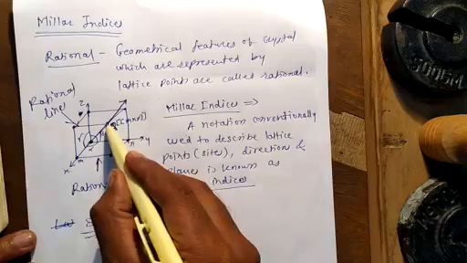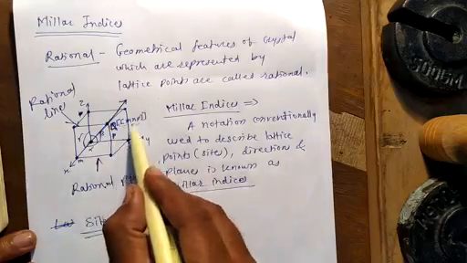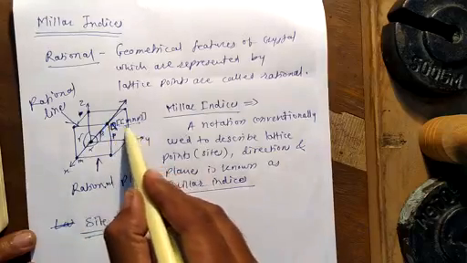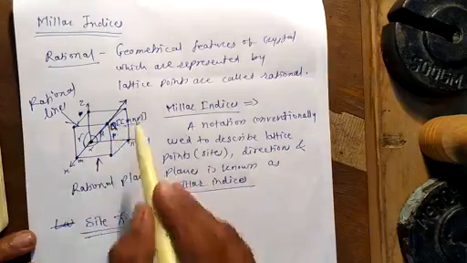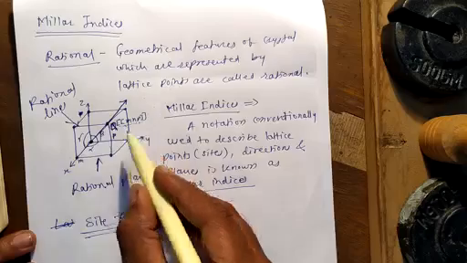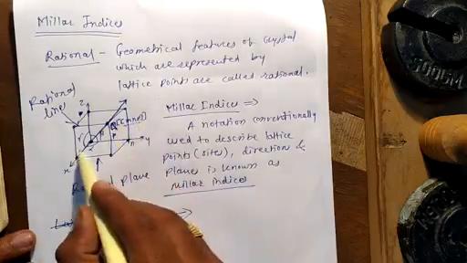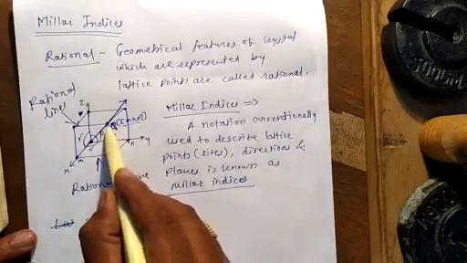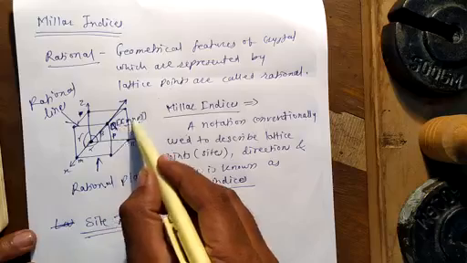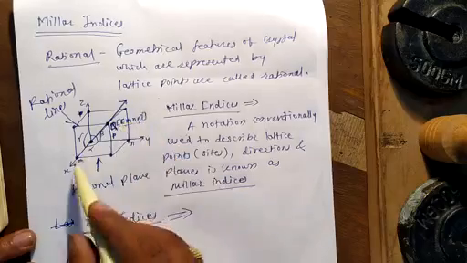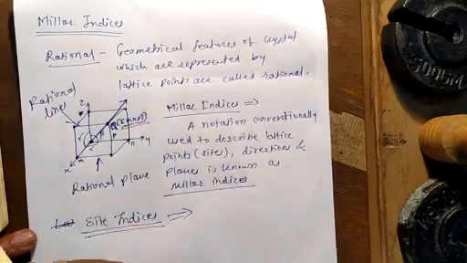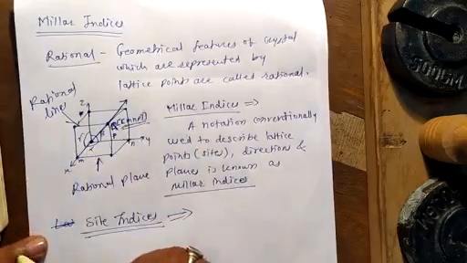Therefore, this point is represented by three parameters. Suppose here we have taken m, n, p. Therefore, this lattice point is represented by double square bracket. If the coordinates of these lattice points are represented by double square bracket, then this point represents the lattice rational point or lattice site.